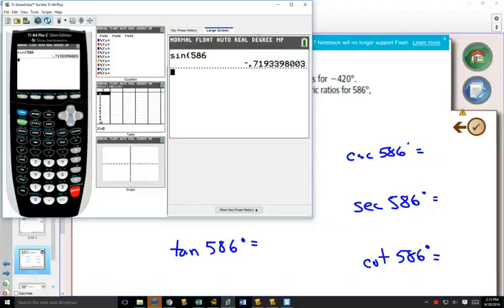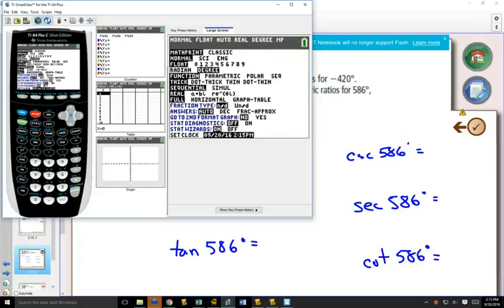Since we're dealing in degrees, we want to make sure our calculator is in degrees. The way to check that is to hit our mode button, and you notice that there's an option to go between radians and degrees. We want to make sure that the degree one is highlighted. Once it's highlighted, you can push enter, and that will make sure that that one is selected.